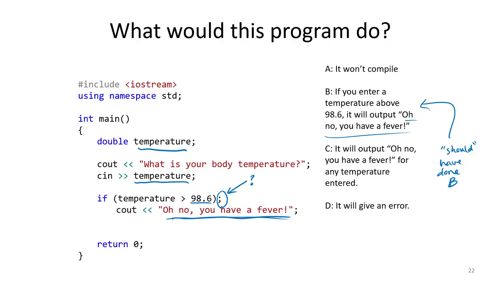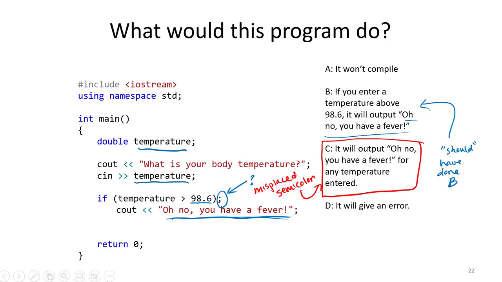Okay, so if we return to our original question then, if we have this misplaced semicolon, the thing that actually happens is C. Because of the misplaced semicolon, our program had outputted, "Oh no, you have a fever," for any temperature.